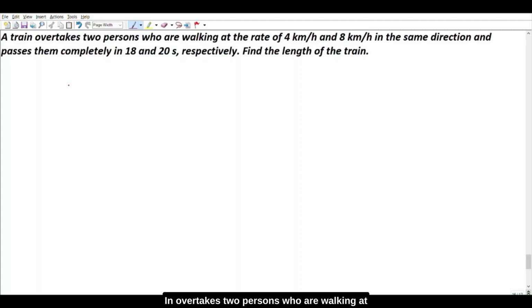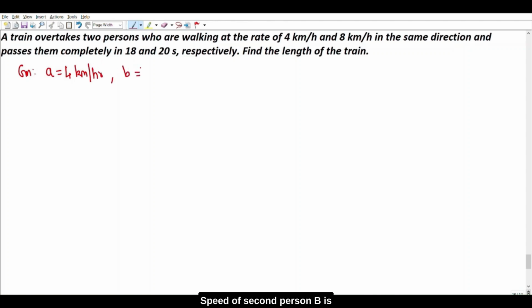A train overtakes two persons who are walking at the rate of 4 km per hour and 8 km per hour in the same direction and passes them completely in 18 and 20 seconds respectively. Find the length of the train. So it has been given that the speed of the first person A is equal to 4 km per hour.